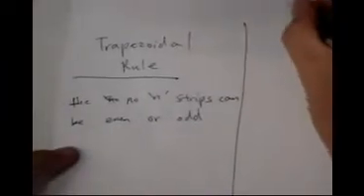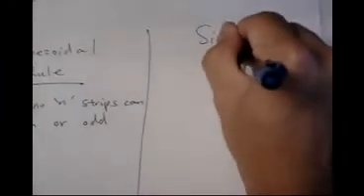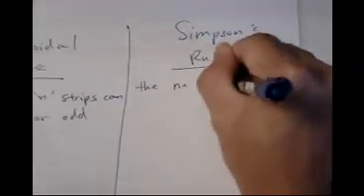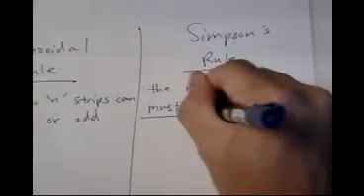But for Simpson's rule, the number of n strips must be even.